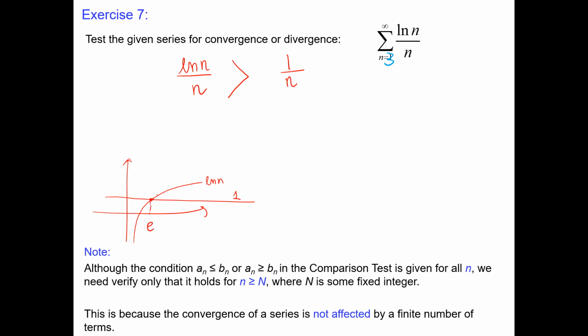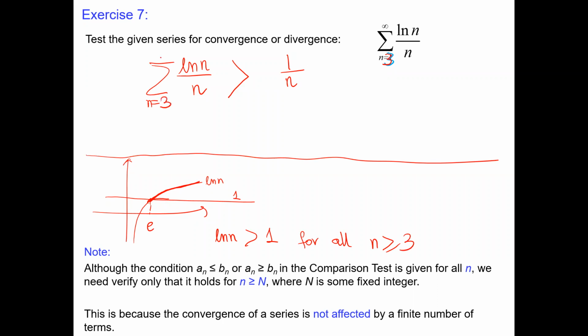Natural log of n is greater than 1 starting from e, and the first integer after e is 3. That's the reason that we have 3. Then this inequality works, natural log of n is greater for all n greater than or equal to 3.